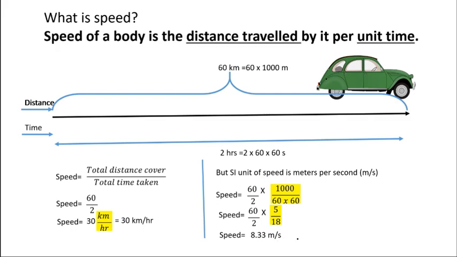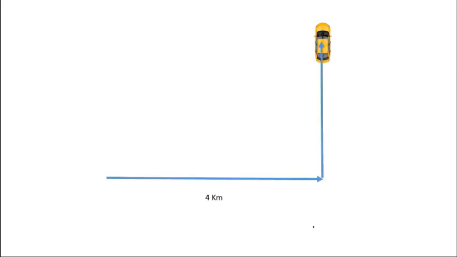Right, let us take another example here. A car goes forward and then turns and goes at right angle to its original direction, and if you denote or mark the direction which it has traveled, you can mark like this.